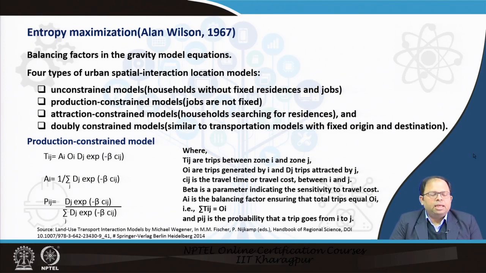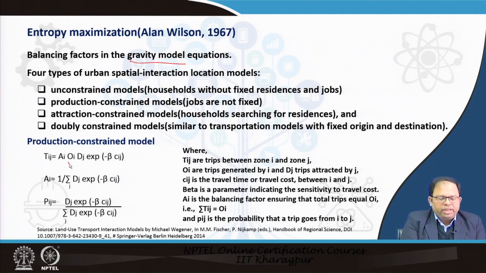Now, in the entropy maximization model, Wilson introduced a balancing factor in addition to the normal gravity model equation. In a normal gravity model, we can see only this part: the size of the origin, the size of the destination, and then Cij, the cost or impedance for travel between these two points.